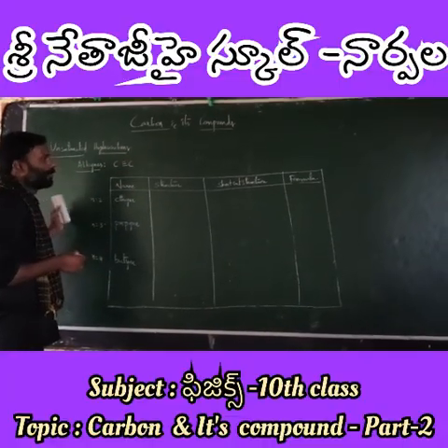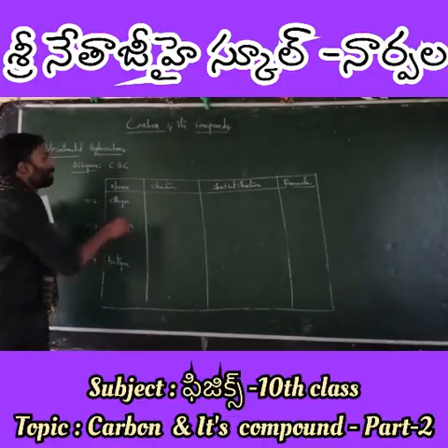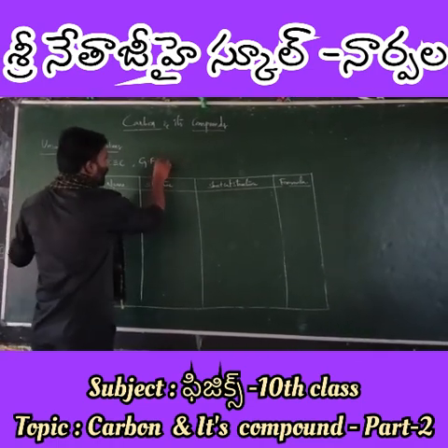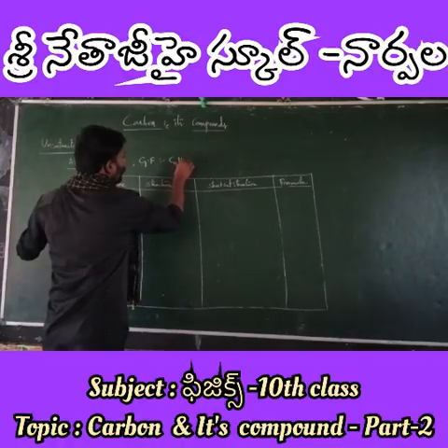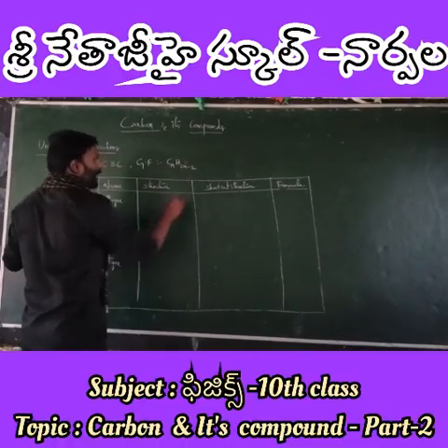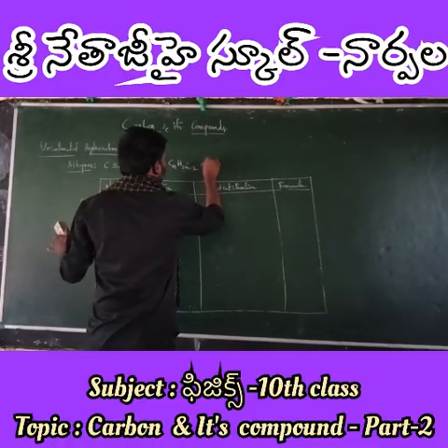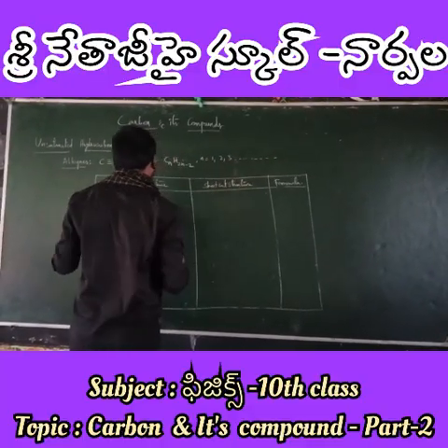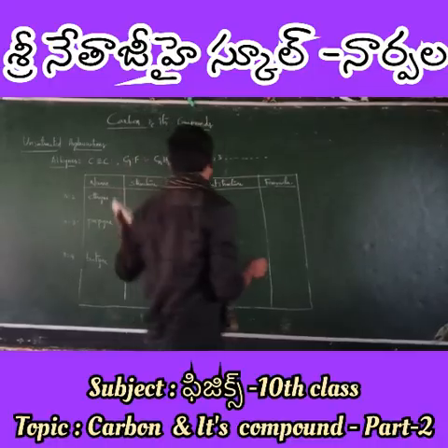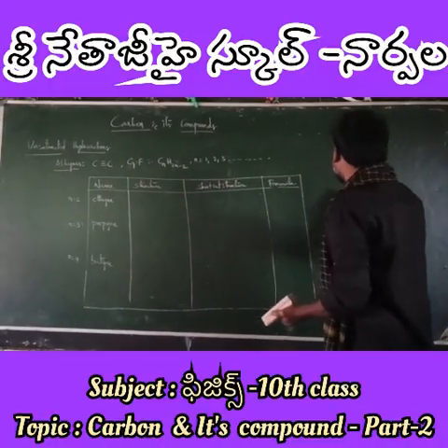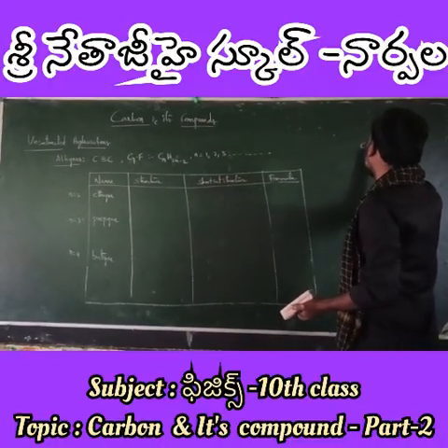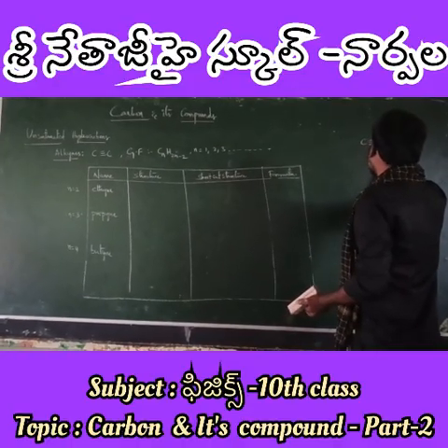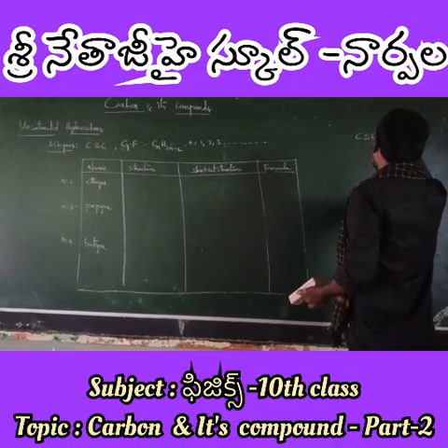So this should contain a triple bond between carbon atoms, and it must obey its general formula, CnH2n minus 2, as usual, where n is equal to 1, 2, 3, and so on, right? As I said, here there should be a triple bond present between carbon atoms.